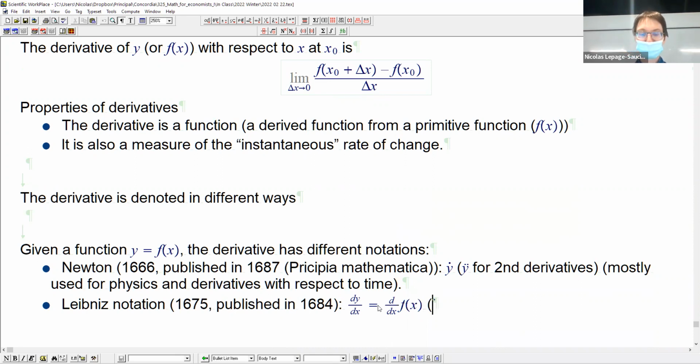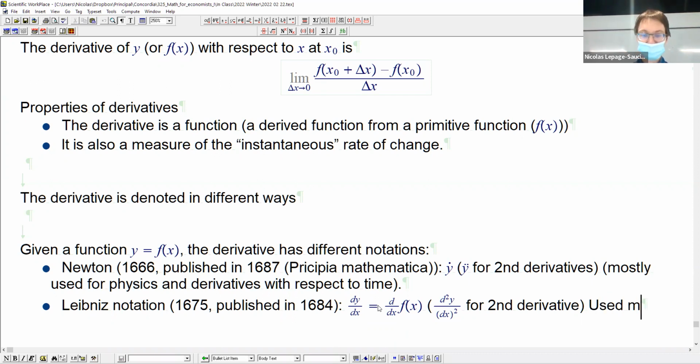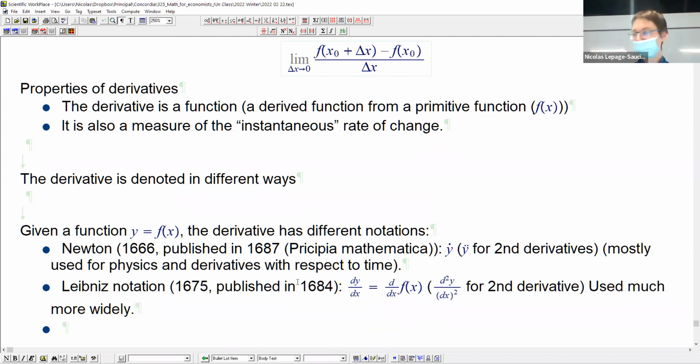And you could write for a second derivative, for instance d squared y over dx squared. It's used much more. It's what you're going to see in most cases. It's very, very useful.